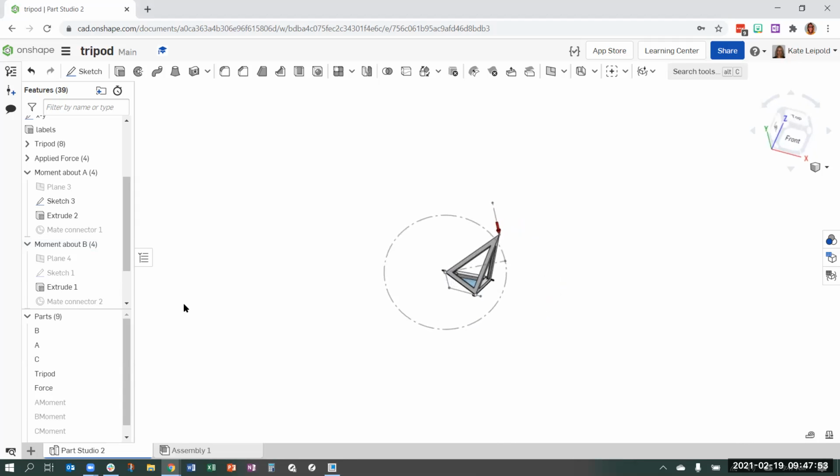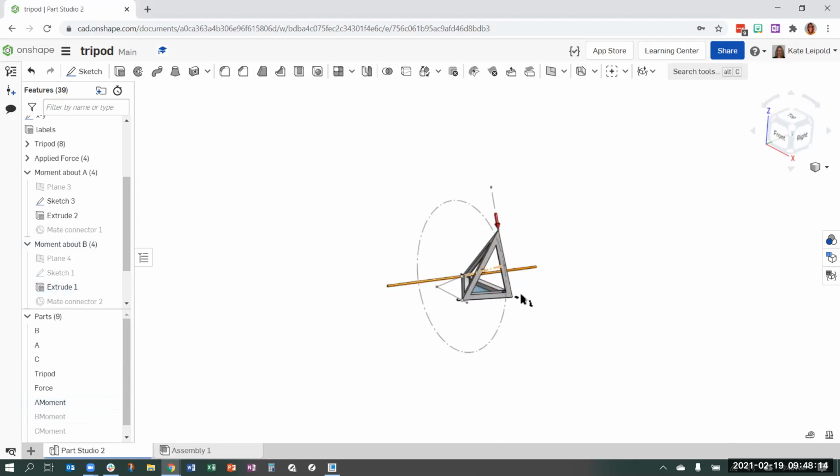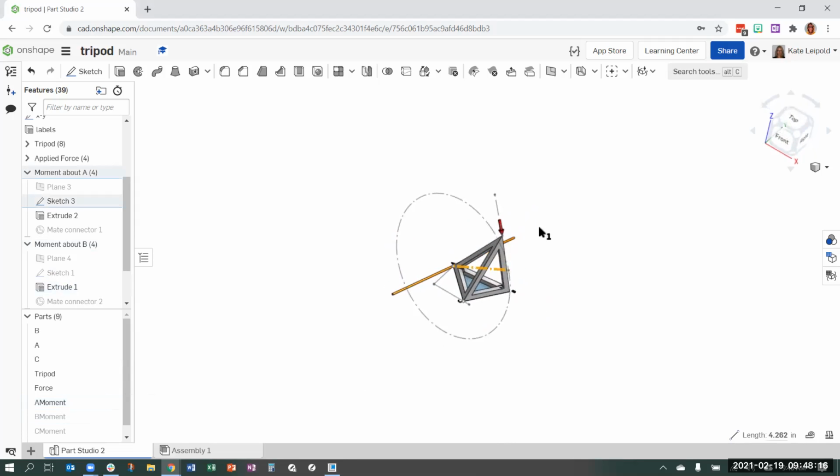All right. So now that I've got this visualization of how much rotation the force causes around the point, I can extrude that and show that as a vector. So this moment vector is perpendicular to the plane that contains the position vector and the force vector.